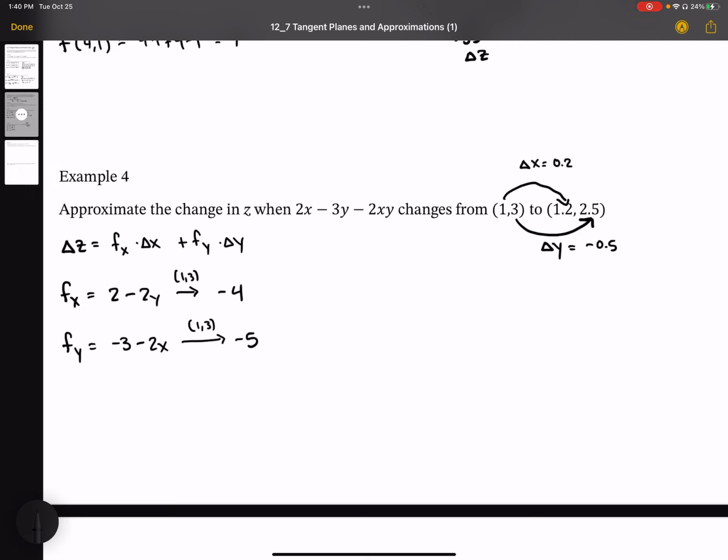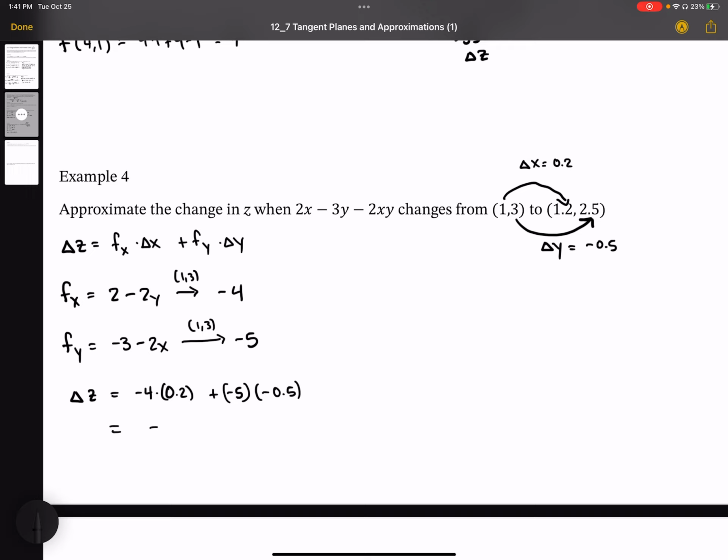So according to our formula, we already know our delta X and our delta Y. So delta Z is going to equal negative 4 times delta X, which is 0.2, plus Fy, which is negative 5, times delta Y, which is negative 0.05.